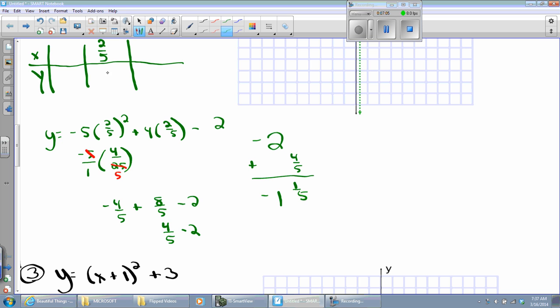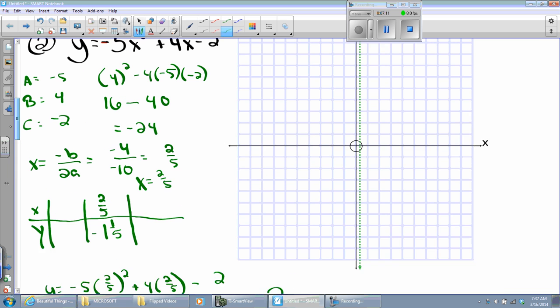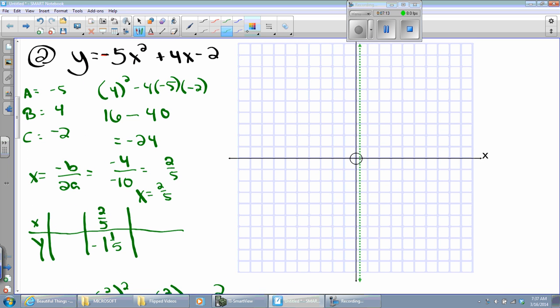So we're going to get -1 1/5. That's 1.2 on your calculator. So 2/5, -1 1/5. Probably right about there. Now I know the parabola is going to open downward, so I'm going to write this point above it, 2/5, -1 1/5.